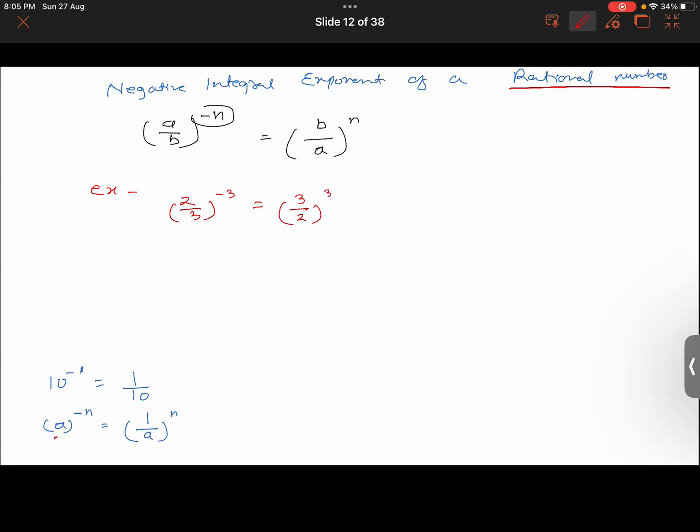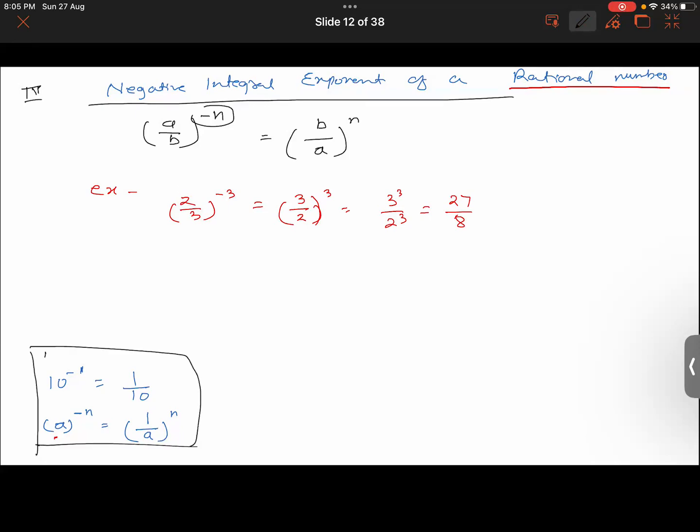Then the power will become positive 3. Very good. So it is 3 cube upon 2 cube, that is 27 upon 8. So this thing is clear. That will be the fourth topic in your note. And in bracket you can write this also.